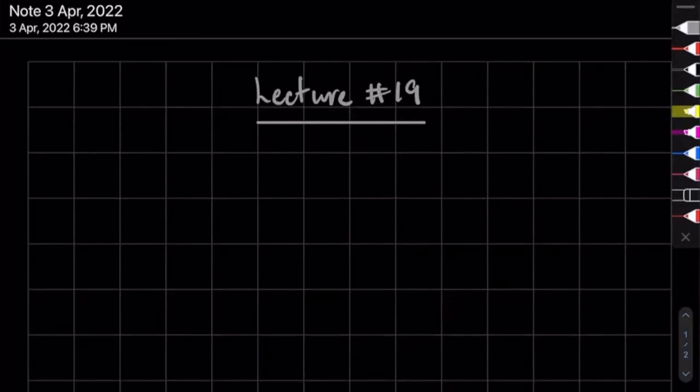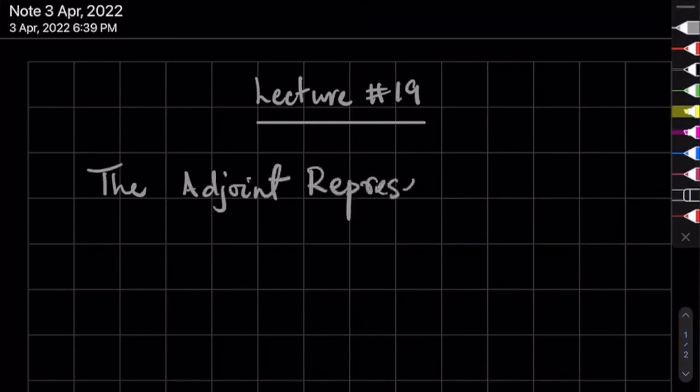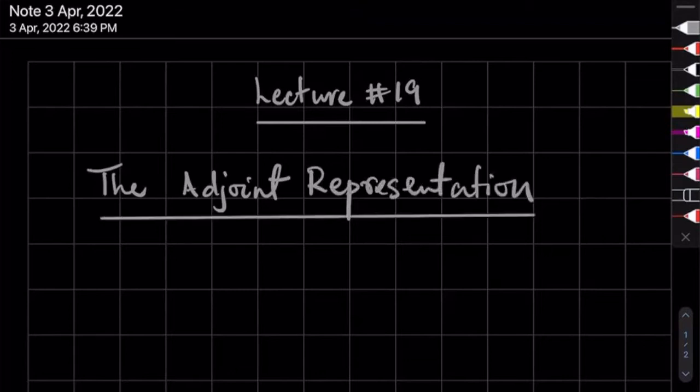Okay, so we were discussing the adjoint representation. And I just sketched it. I didn't really give you the details. So what is the adjoint representation?